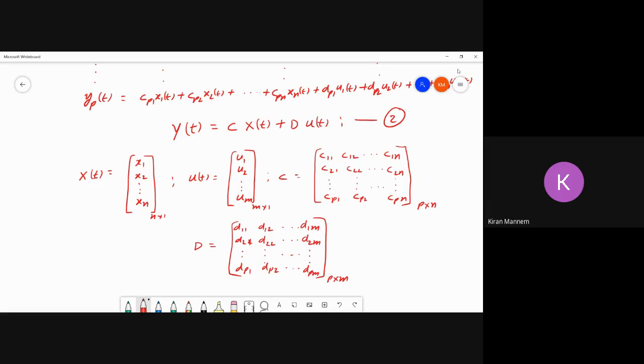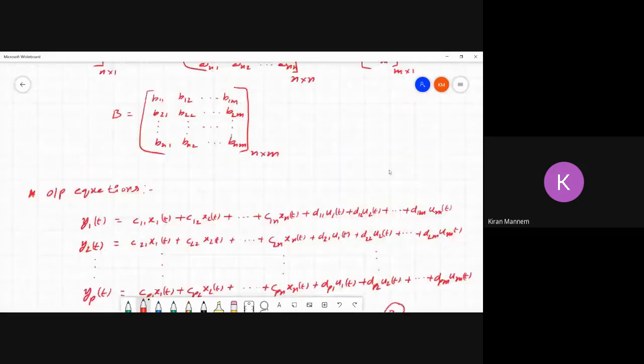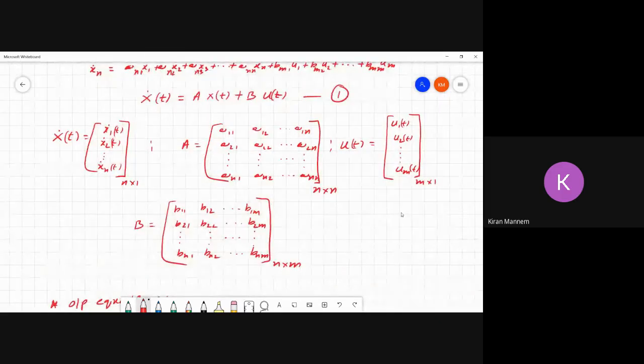So these two equations, equation number 1 and equation number 2, x dot of t is equal to A into x of t plus B into u of t, together are called the state model of the linear time invariant system. Here I should write x of t also.